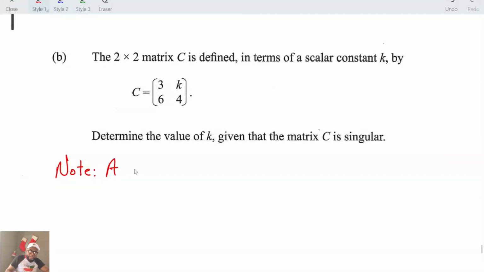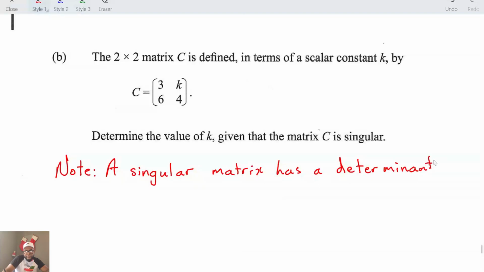A singular matrix has a determinant of 0. Right?